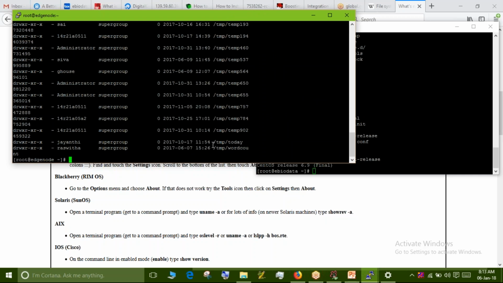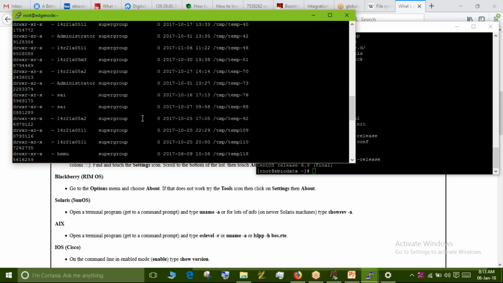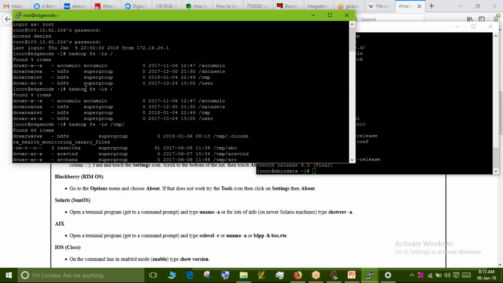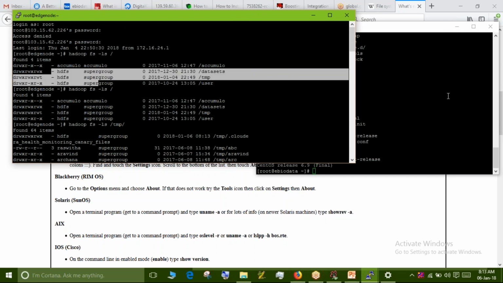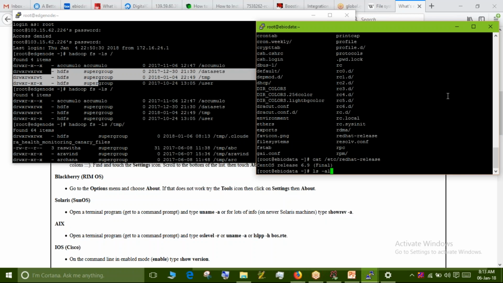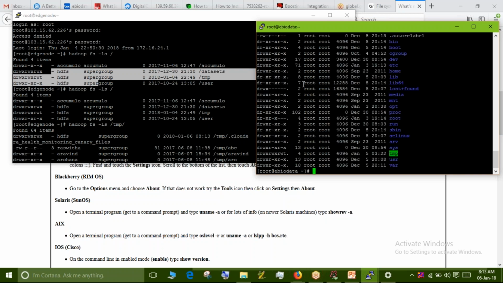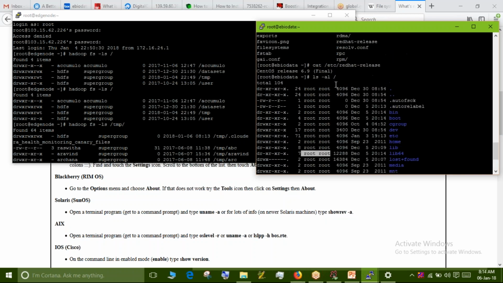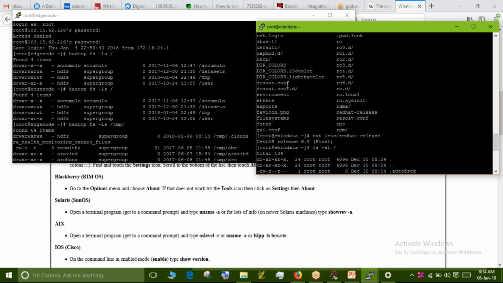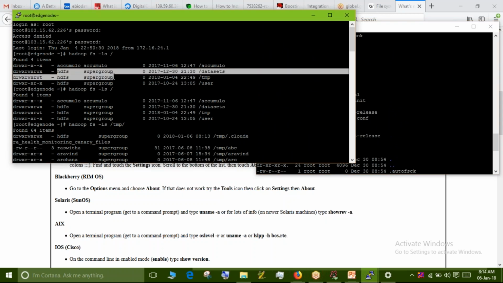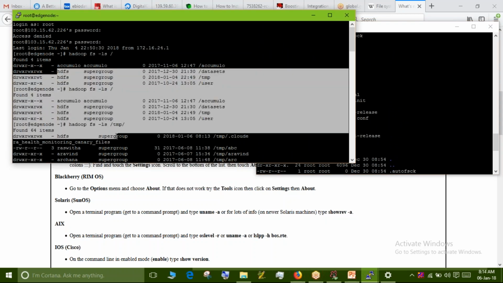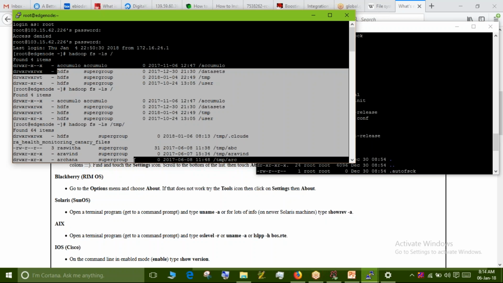But if you see closely, all these are like how we are seeing here with ls -al forward slash, where root is the user and the group to which he belongs. Same like here. Are you seeing?